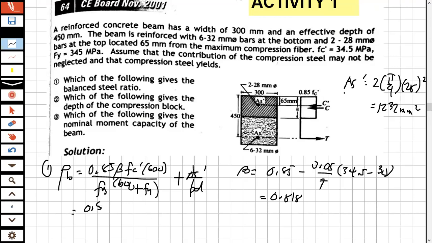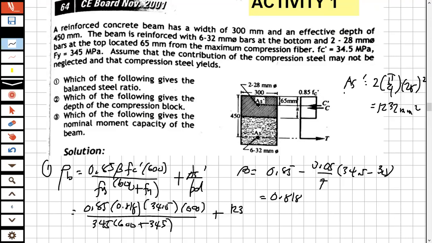So, you can have there 0.85, 0.818, and then you have f'c is 34.5. You have 600. Then you have fy is 345. 600 plus 345. Then you have As' na calculated natin earlier, 1232. And then you have b is 300 and then 450. So this is equal to 0.053.